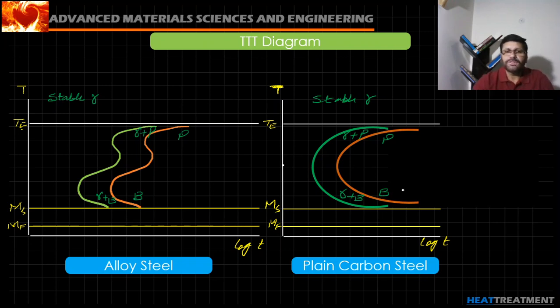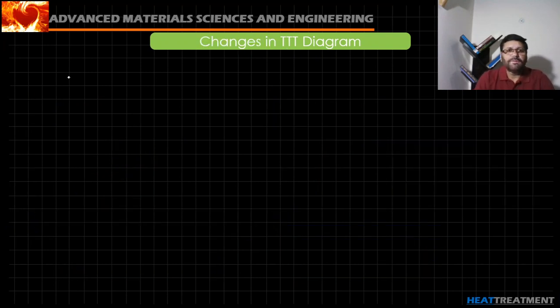So the changes we are going to have, number one, we have separate C curves for pearlite and bainite.